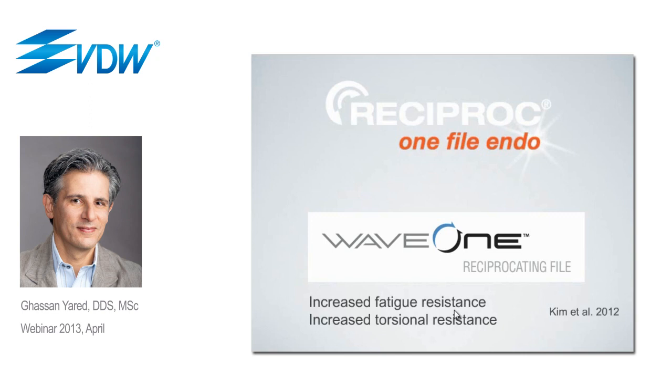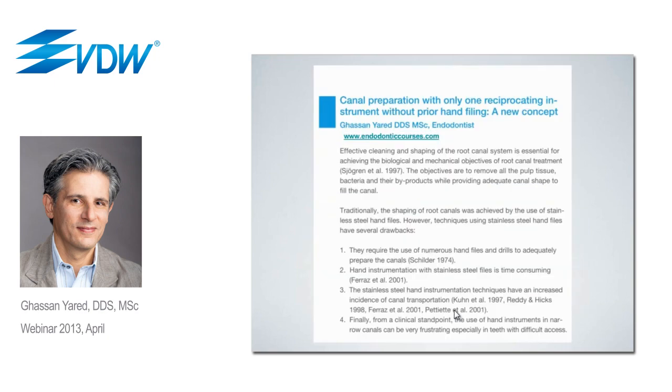We know from research that was done recently that these instruments have an increased fatigue resistance and an increased torsional resistance. This was the first paper that I published online on canal preparation with single file reciprocation without a glide path. You can download this paper at the link that you see there, endodonticcourses.com.